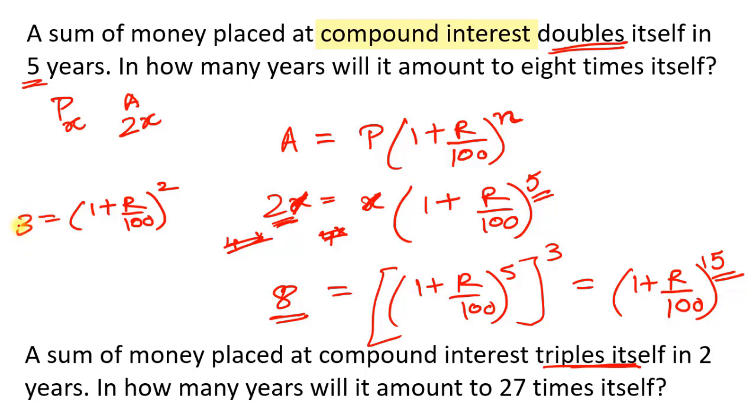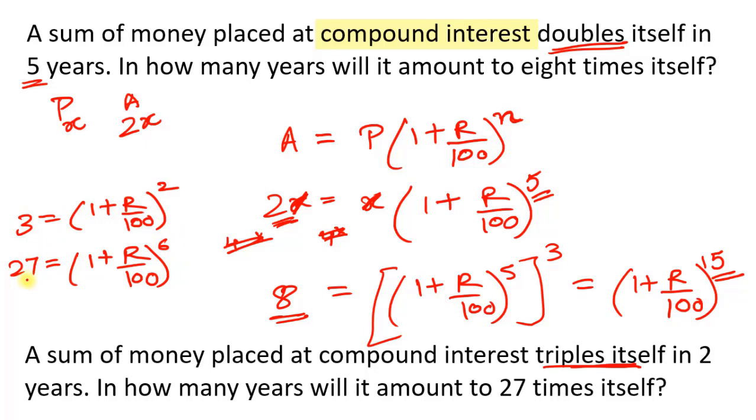That means to make this 3, 27, we will have to cube it. We will cube both the sides. 27 is equal to 1 plus r upon 100 whole square whole raised to 3. So 2 and 3, those powers will get multiplied and 6 would be the final power. So in 6 years, the money becomes 27 times.